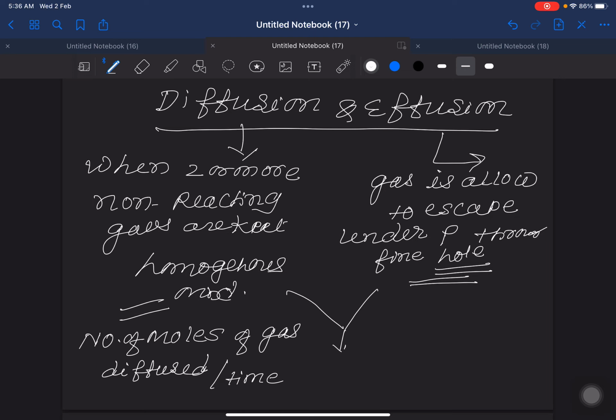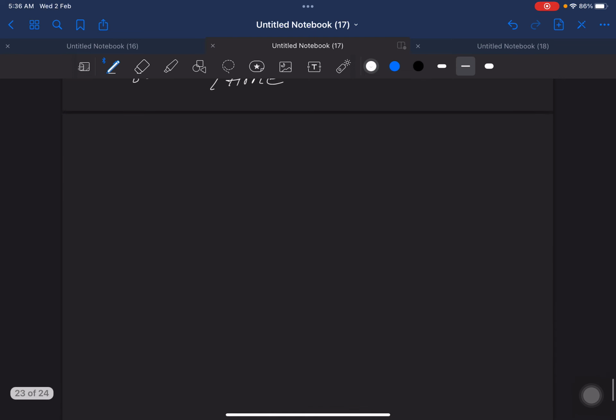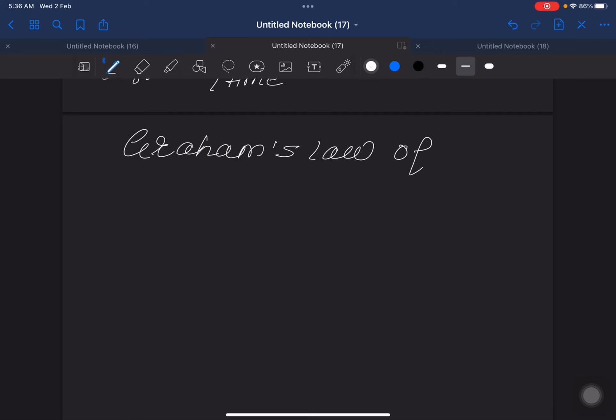ठीक है? अब यहाँ पे आता है ग्राहम्स लॉ ऑफ डिफ्यूजन. कौन सा लॉ आता है? ग्राहम्स लॉ. डिफ्यूजन हमको समझ आ गया क्या है. तो ग्राहम्स लॉ ऑफ डिफ्यूजन क्या बोलता है ये?